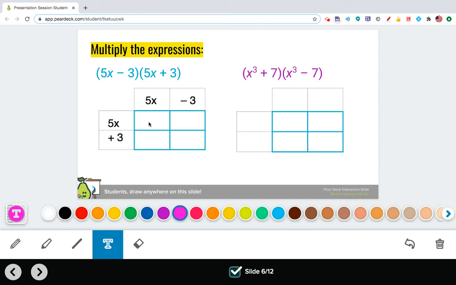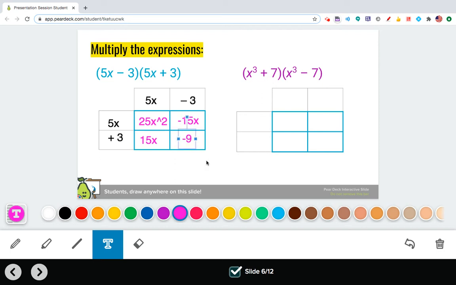So for example, 5x times 5x is 25x squared. Remembering this process, I hope. 5x times negative 3 is negative 15x. 5x times positive 3 is positive 15x. You can put the plus sign down or leave it out. 3 times negative 3 is negative 9.